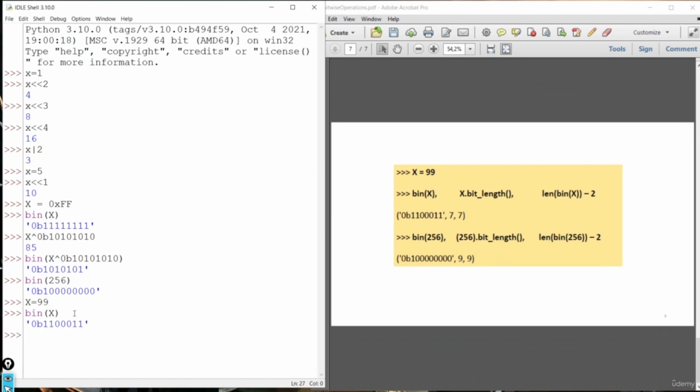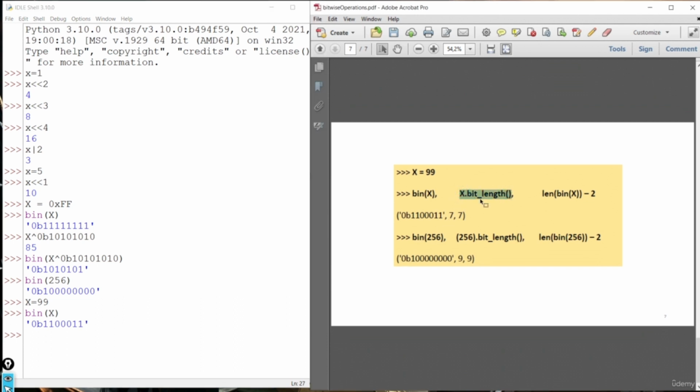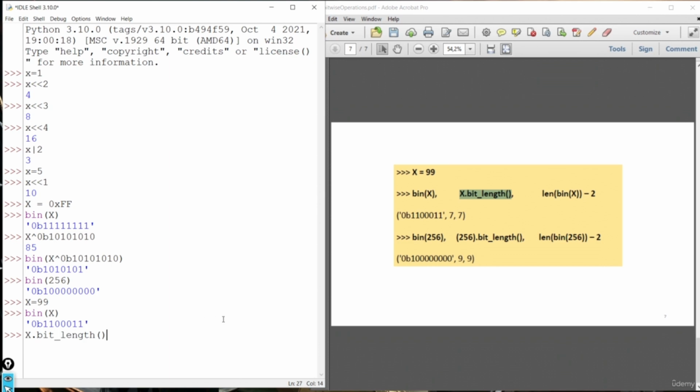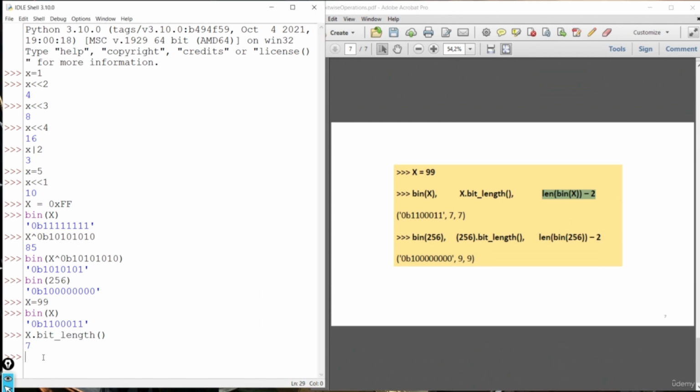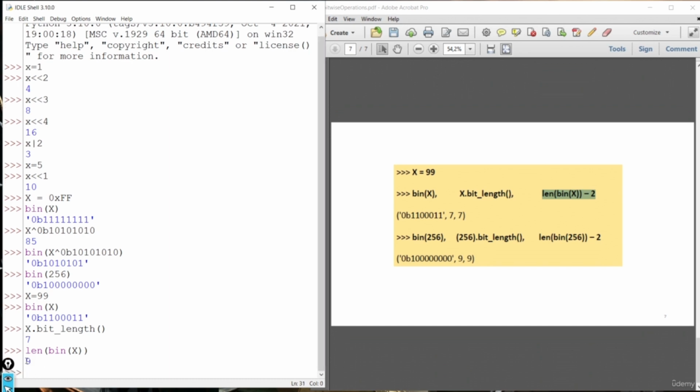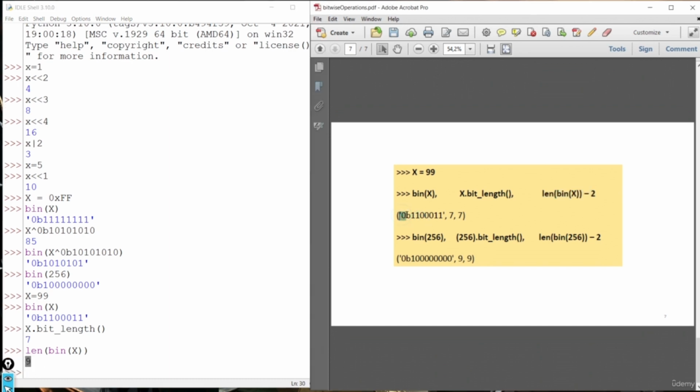Okay, this is the binary equivalent, and if we type capital X bit length, it shows the number of bits in the binary representation of the capital X. If we type len bin x, this gives the length of the string including 0 and b, and of course all the bits.